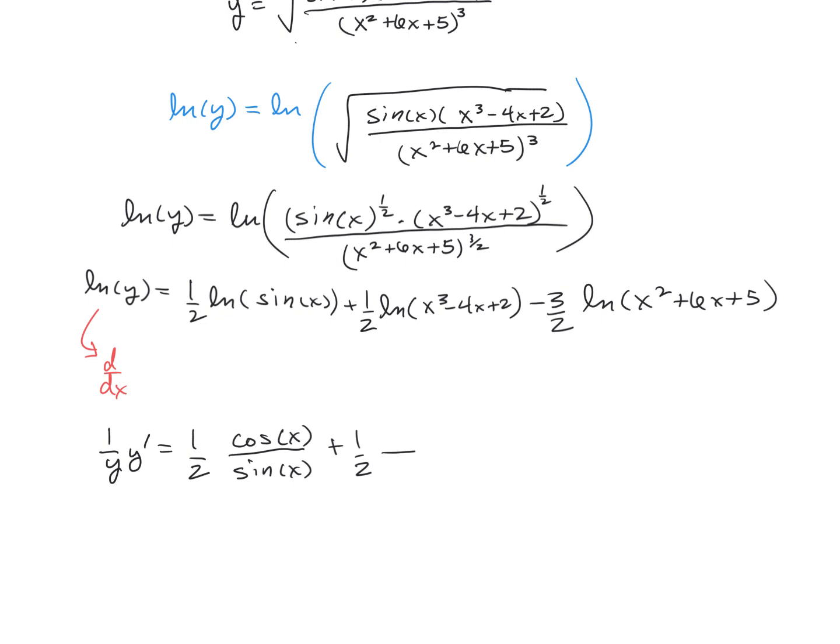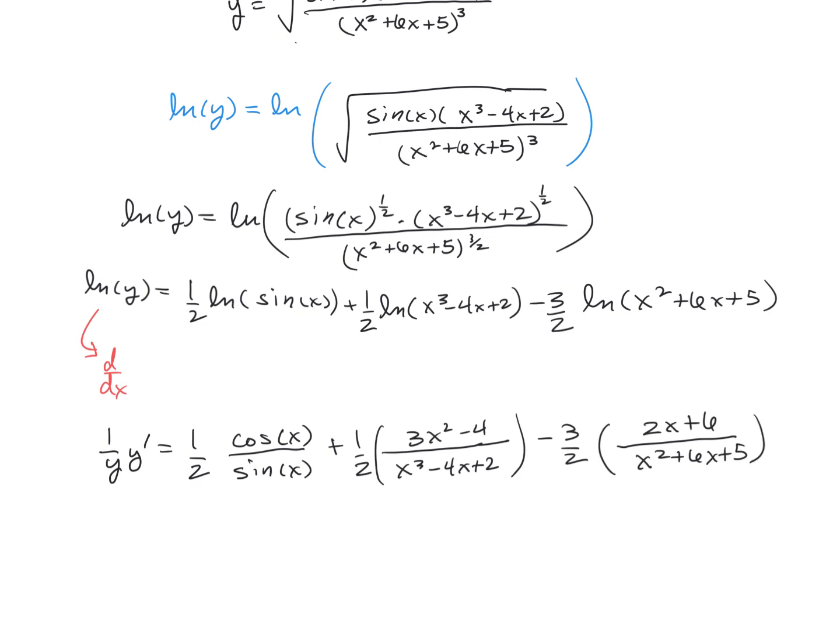We're going to have the function x cubed minus 4x plus 2 downstairs, and its derivative 3x squared minus 4 upstairs. And then we're going to have minus 3/2. We're going to have the function x squared plus 6x plus 5 downstairs, and its derivative 2x plus 6 upstairs.